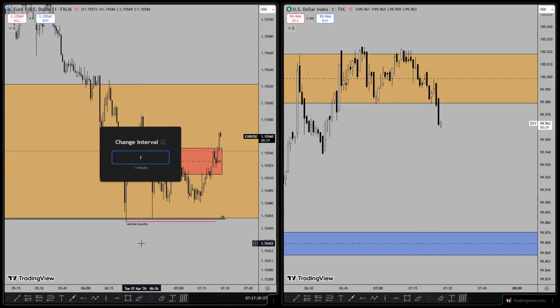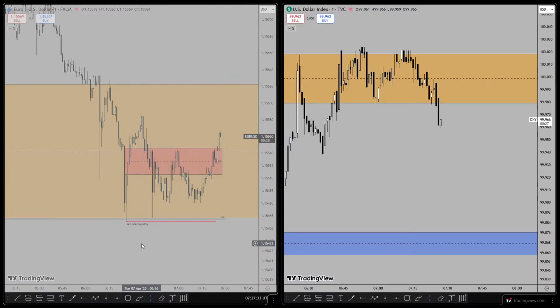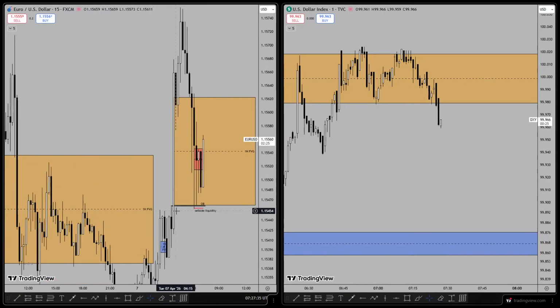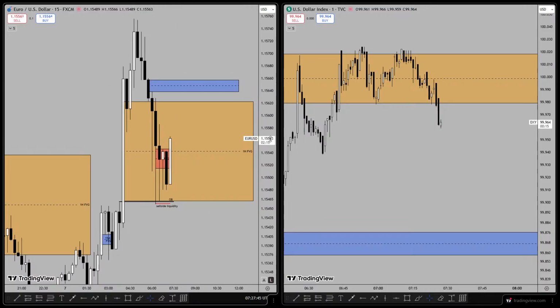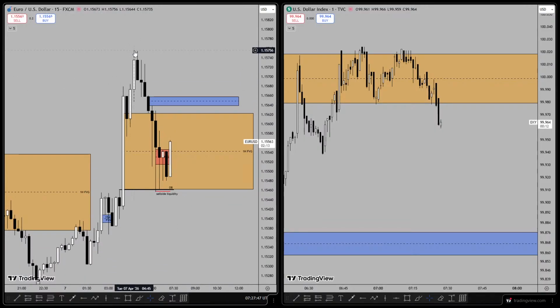So on the 15 minutes, we can identify the same fair value gap as our first target. It should be at this area. This should be our first target, and the overall target is a run on the buy side liquidity.